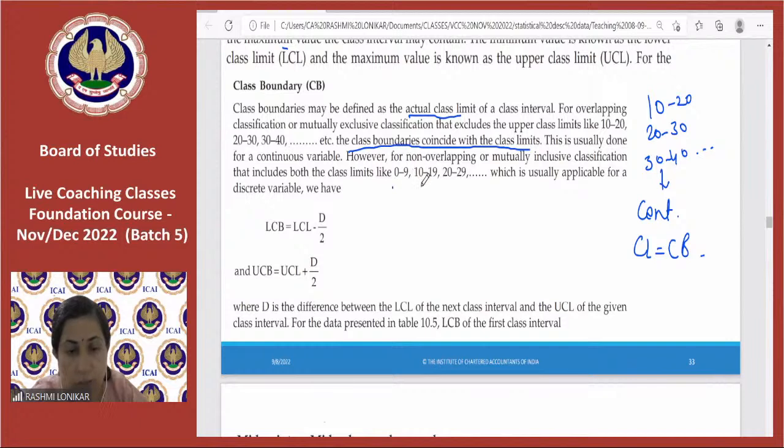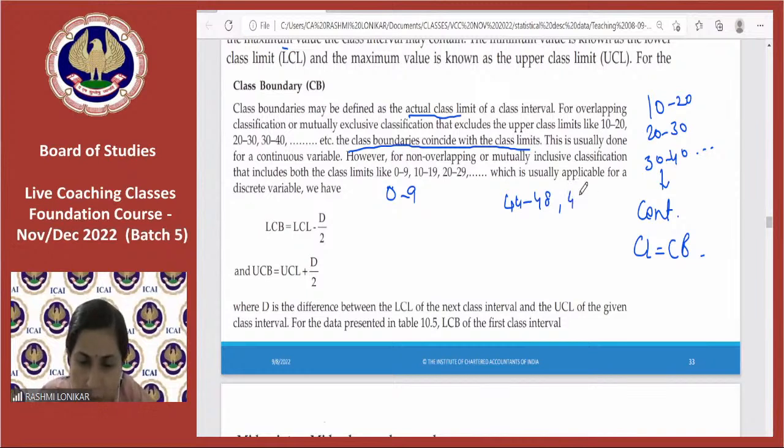So what happens in this case? For example, I've got 0 to 9, or here in the current example, 44 to 48, and so on, then 49 to 54.